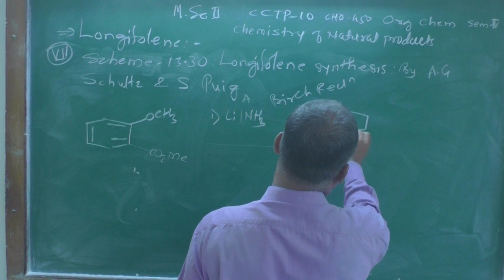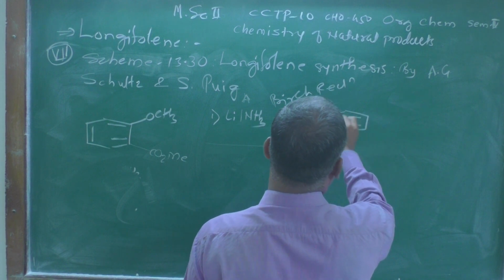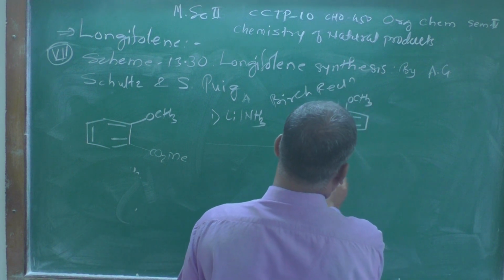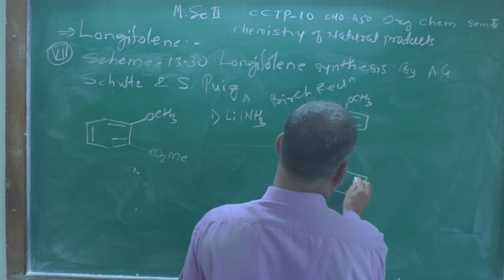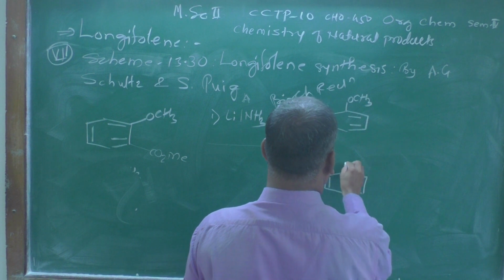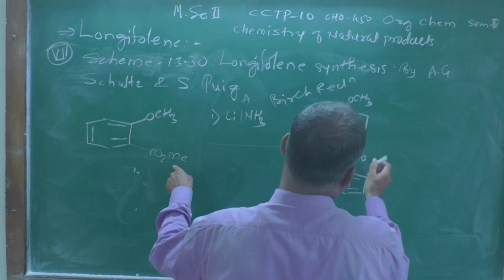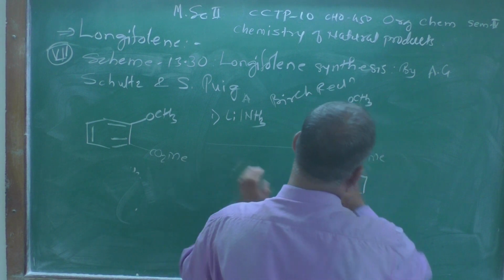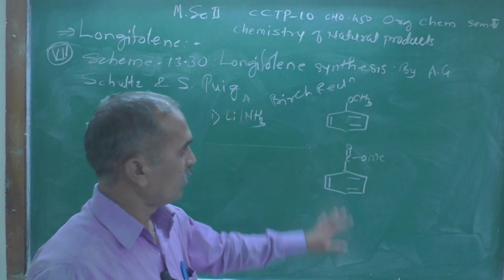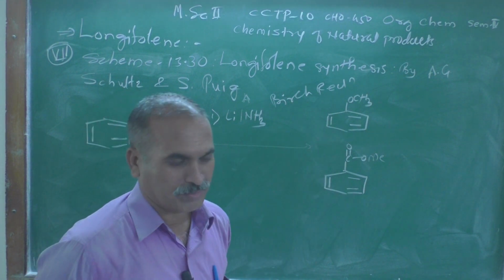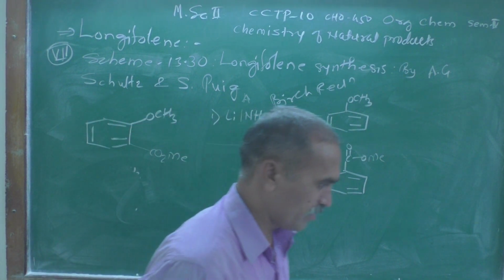In many competitive exams you might come across this. Now here the two groups generally present are this one and an ester group. Now look at both the aromatic compounds, no doubt they are stable.